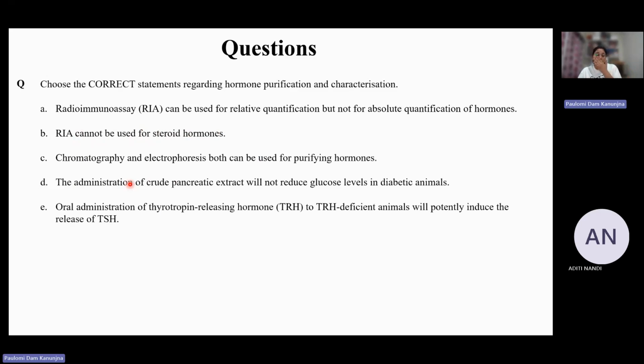So this is based on RIA, radioimmunoassay. This will help you understand this topic better.